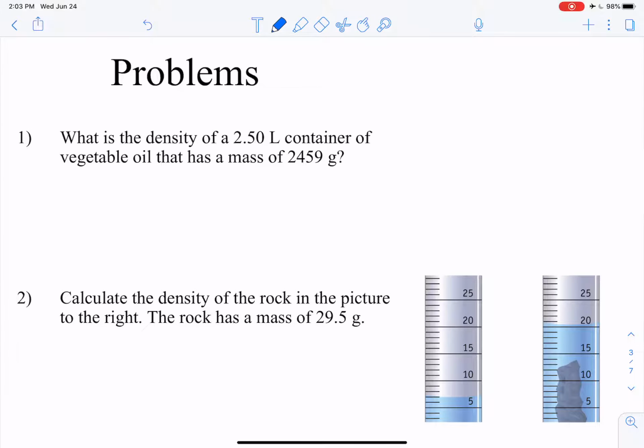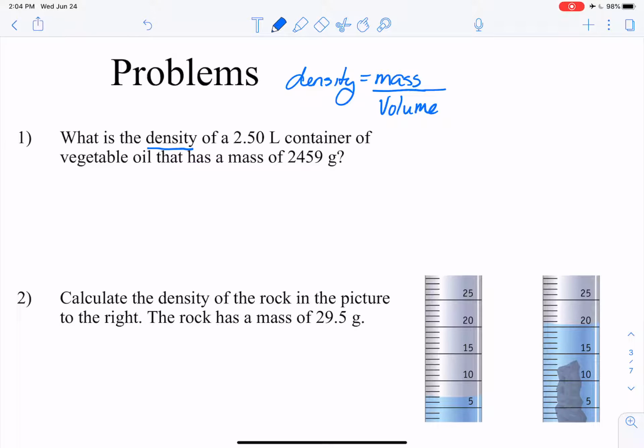So number one says, what's the density of a 2.5 liter container of vegetable oil that has a mass of 2,459 grams? Well, when we're figuring out the density, we're going to need the equation for density. So density is equal to mass divided by volume.